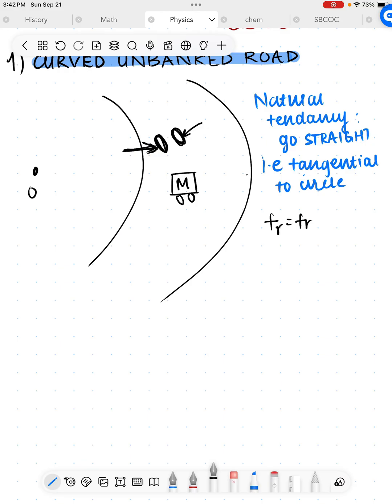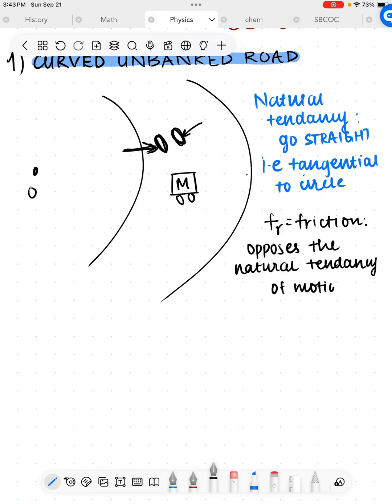Now the natural tendency of the motion is here, and what is the job of friction? Friction opposes the natural tendency of motion. It does not oppose motion, it opposes the natural tendency of motion. So since friction opposes the natural tendency of motion, ये turn किया कर रहे हैं हम लोग.